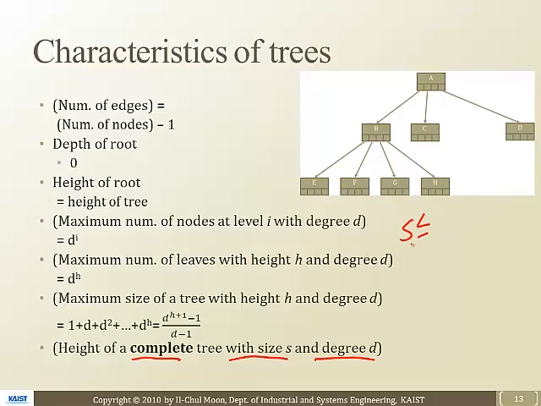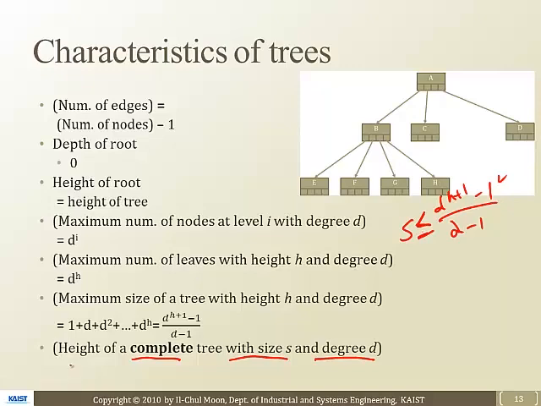So S is going to be less than (D^(H+1) - 1)/(D - 1). This maximum size of a tree means a full tree, right? So a full tree's size is going to be like this. Because it's a complete tree, it's going to be less than the full tree size. So we can put an inequality here, right?